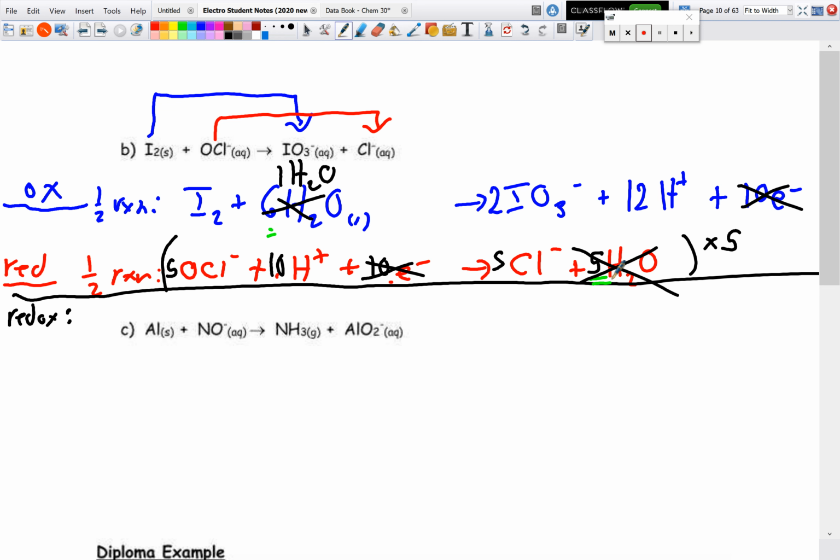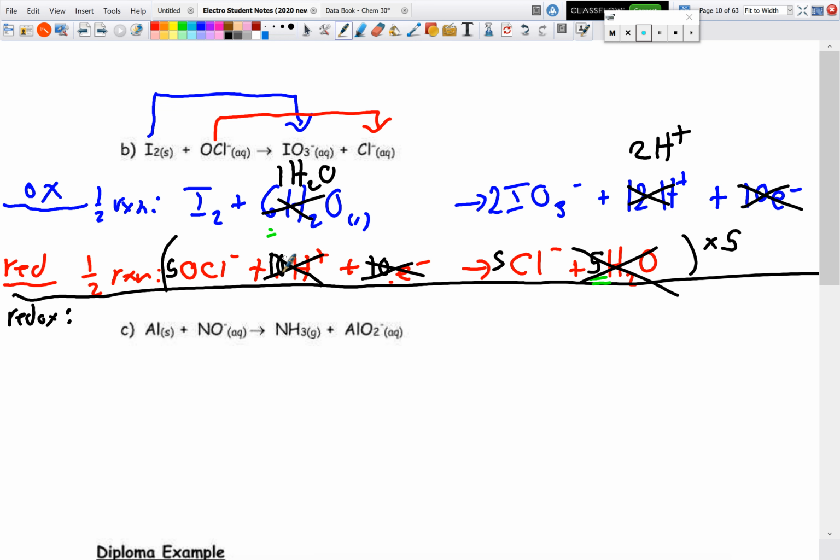Now, same thing with the hydrogens. We have 10 hydrogens as a reactant over here, but 12 as a product. So we have an excess amount over here on the product side. So all 10 of these are going to cancel out, and we're going to be left with 2 H plus on this side.